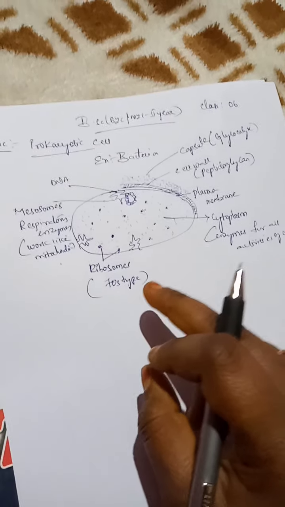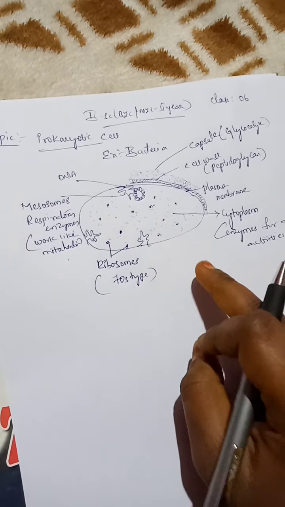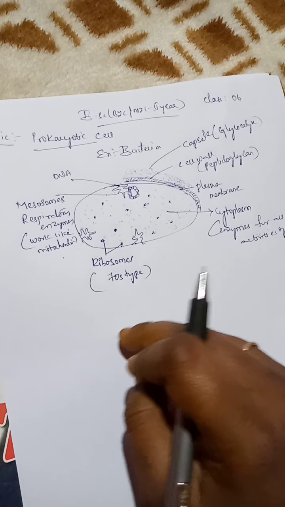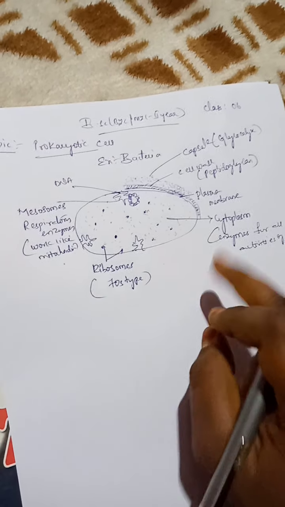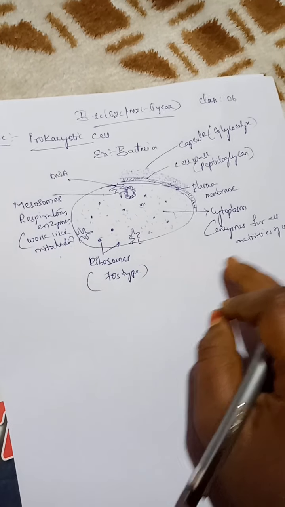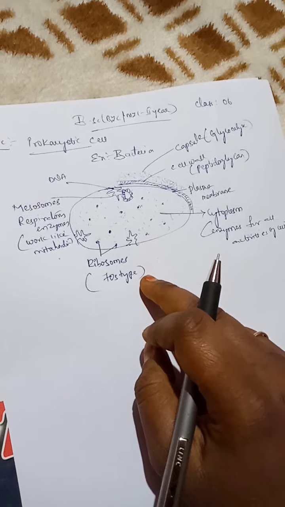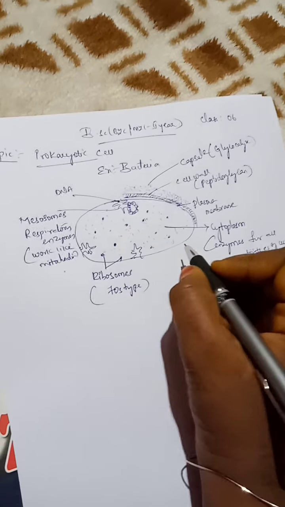We can also differentiate prokaryotic and eukaryotic cells by the presence of ribosomes, smaller ribosomes and larger ribosomes. In the eukaryotic cell we find the 80S type, but in the prokaryotic cell we find the 70S type. So this is the ribosomes.